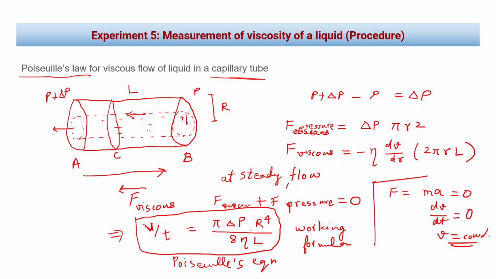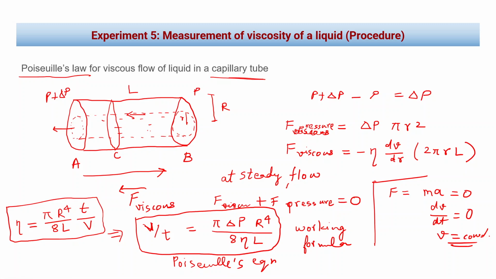And for our experiment, if I rewrite it like this, the eta, what we wanted to find out, it will be pi r to the power 4, this is all constant, over 8 L, and eta will go there, and then volume, it will be T by V. So this is just the rearranged form that we were using for our experiment.